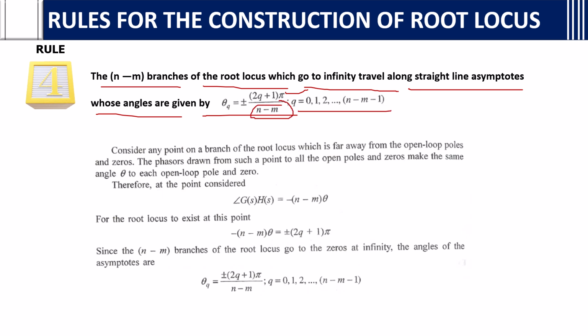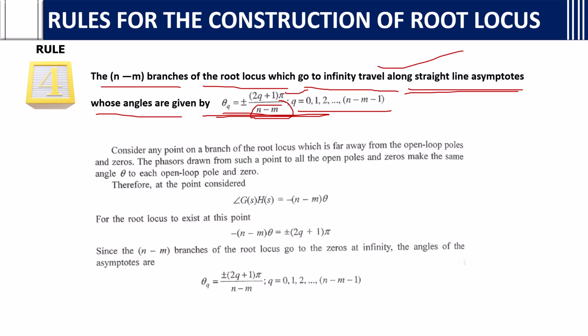Q is nothing but 0 to n minus m minus 1. See, n minus m is what? N is nothing but the poles. M is taken for the zeros from the previous rule. So the branches of the root locus go to infinity and travel along straight line asymptotes whose angle is given by what?